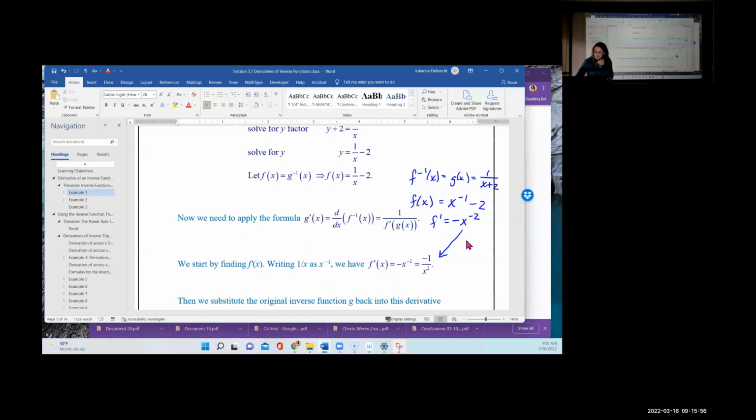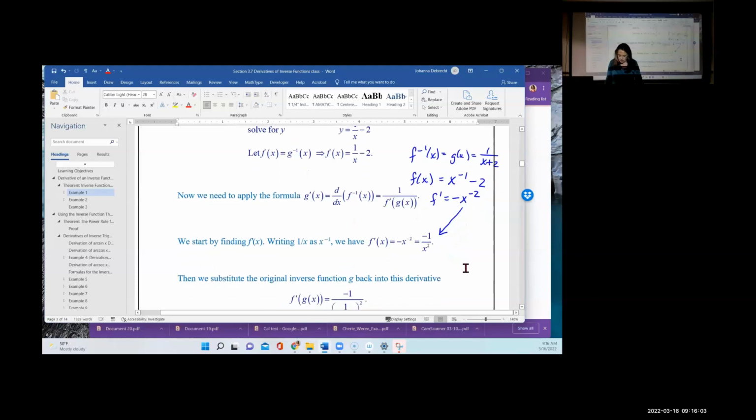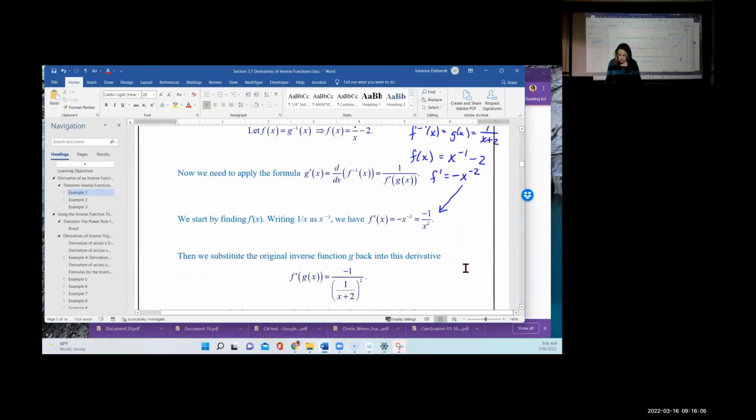Okay, now it's time to apply the formula. So we have the derivative of the original function, and we need to replace the x variable inside the derivative with the inverse function, which is 1 over x plus 2. So we have -1 over something squared, and the something becomes 1 over x plus 2.